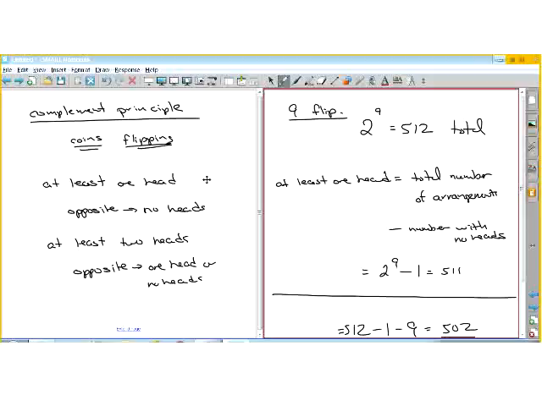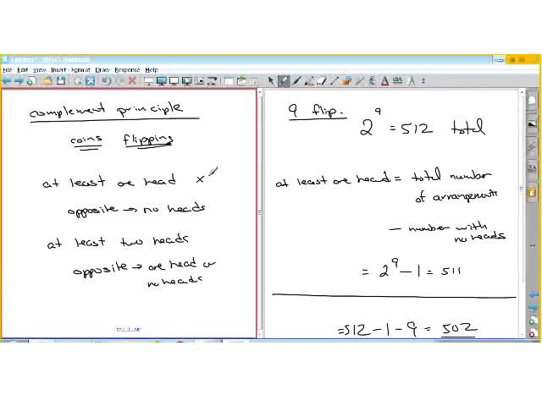You can kind of write it in mathematical terms. So at least one head would mean X is greater than or equal to 1. So what is the opposite of greater than or equal to 1? Well, X is less than 1. And because you can't have negative heads, that would be the same as X equals 0. So the opposite of at least one head is no heads.